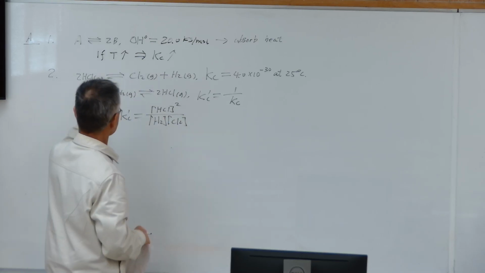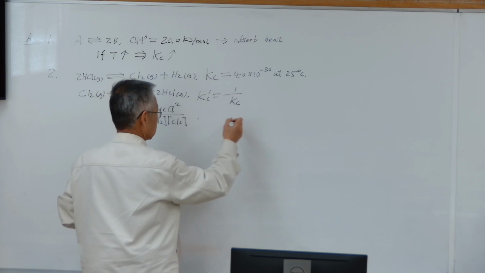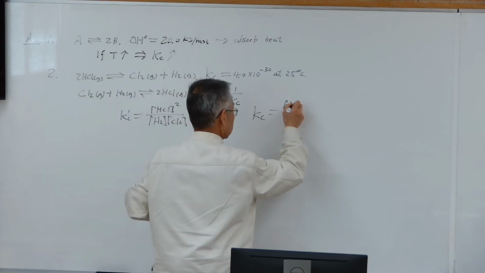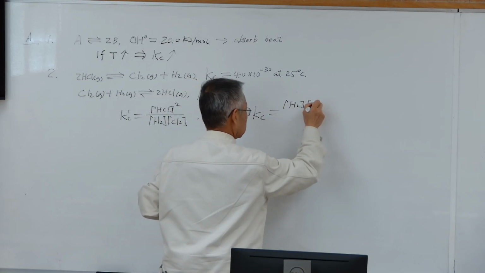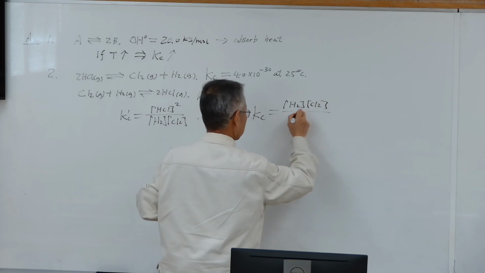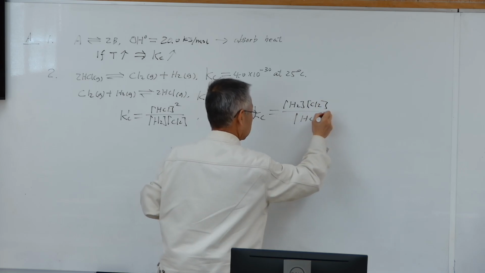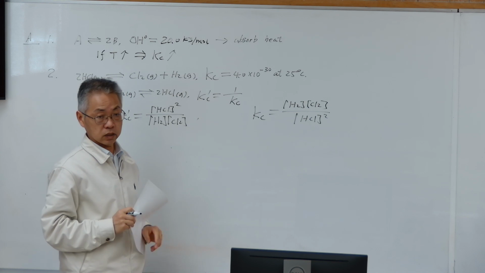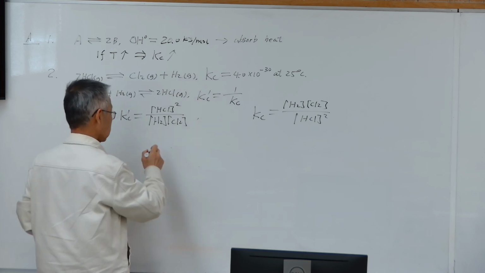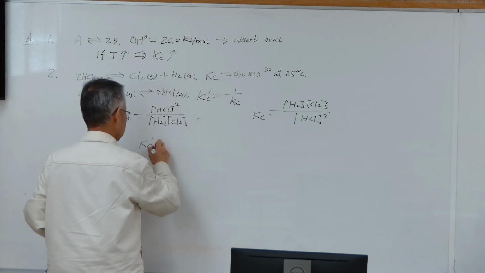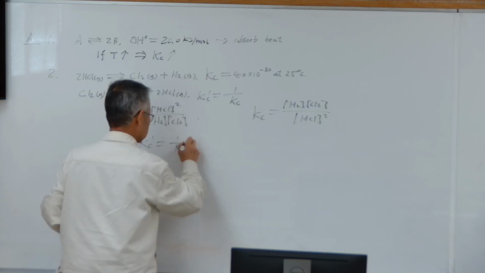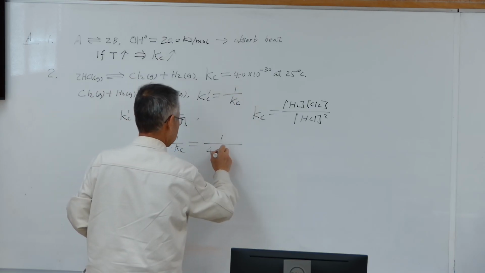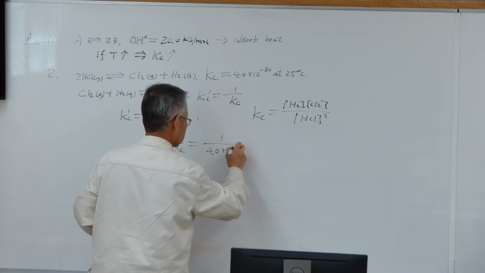While the Kc for the forward reaction has H2 and Cl2 in the numerator, while HCl is in the denominator, right? So their relationship is a reciprocal relationship. So Kc prime equals the reciprocal of Kc, then 4 times 10 to the negative 30.